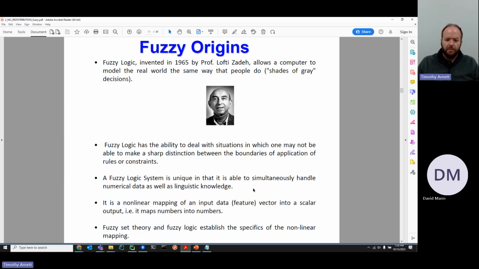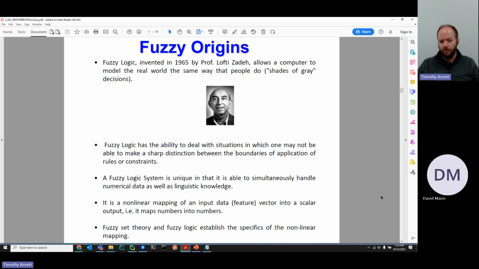It's unique in that it's able to simultaneously handle numerical data as well as linguistic knowledge. We'll see that quite a bit in the competition, especially when we start getting into things like machine learning using fuzzy systems, because you may use a combination of domain expertise based on what you know about the game itself, and you can encode that in your fuzzy system.